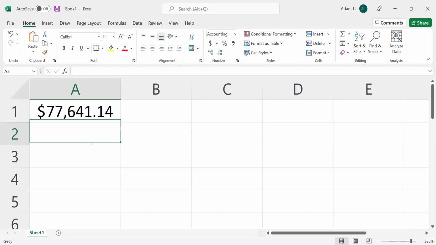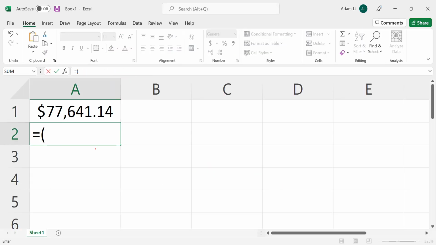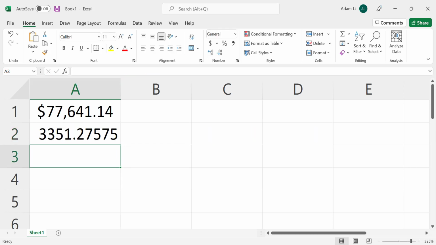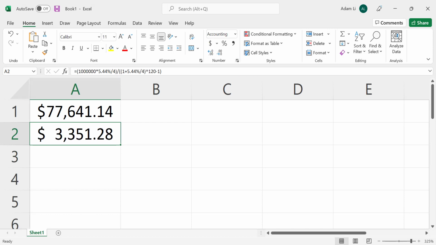All right, so here we go. We get a million multiplied by 5.44% over 4, dividing by parentheses 1 plus 5.44% over 4 raised to 120 power and minus 1. And we end up with, let's see, $3,351.28.